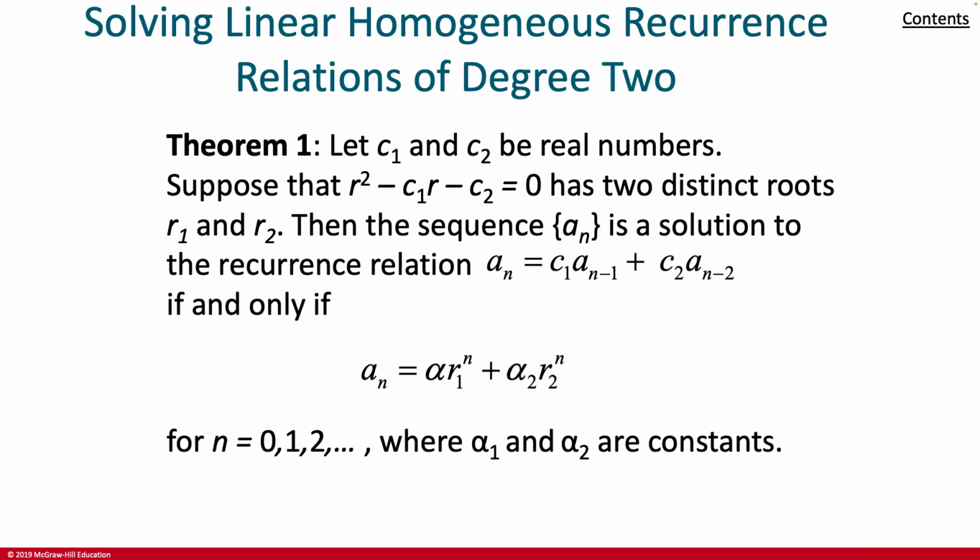Then the sequence a sub n is a solution to the recurrence relationship a sub n equals C1 a sub n minus 1 plus C2 a sub n minus 2 if and only if a sub n is equal to alpha 1 r1 to the n plus alpha 2 r2 to the n for n equals 0, 1, 2, and so on, where alpha 1 and alpha 2 are constants.